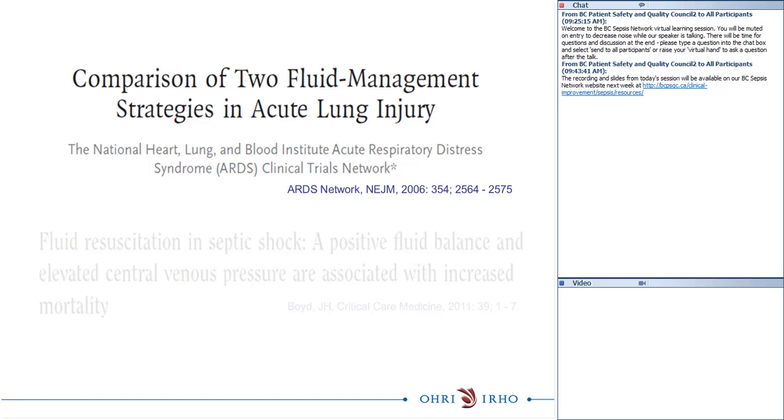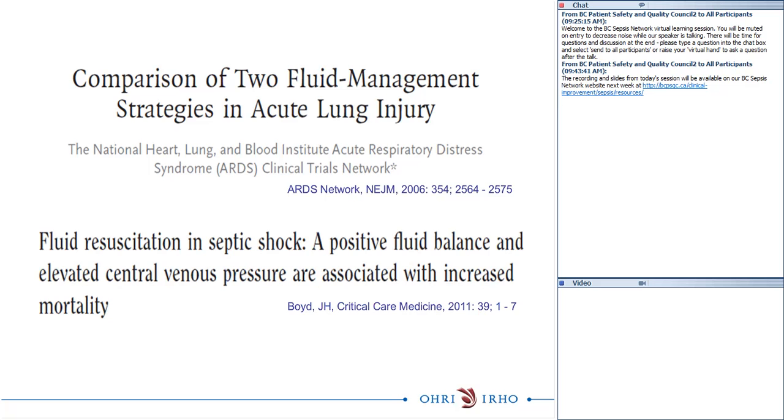In addition to that, there's another observational study that was conducted in the setting of septic shock, and this is a nested study from a Canadian vasopressor trial where they were able to ascertain an association between a positive fluid balance and an elevated central venous pressure and an increased risk of death.